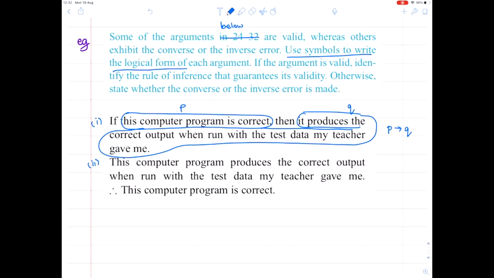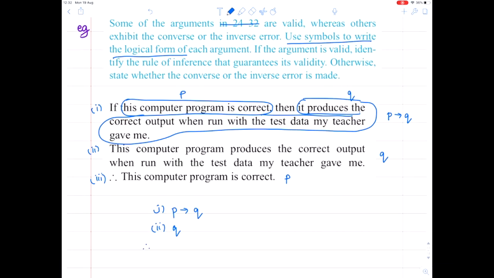So this is saying that Q is true, and therefore it's concluding that P is true. So we have an argument that says P implies Q, Q is true, therefore P is true, and we know that this is invalid. And if you go back and check, you should go and check if this is a converse or an inverse error.